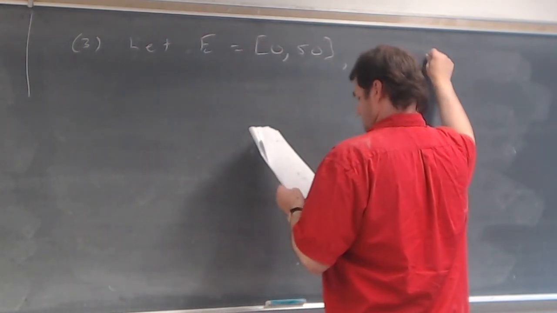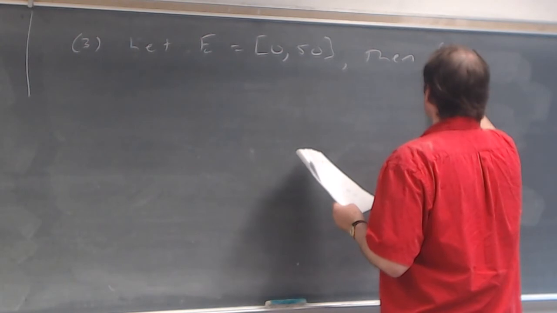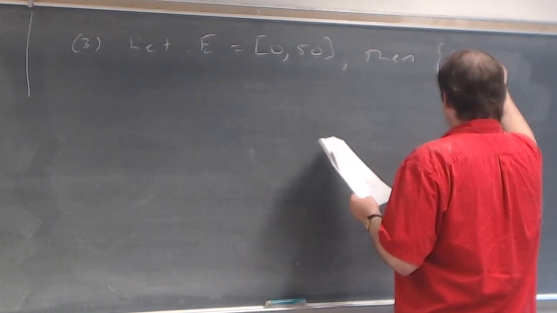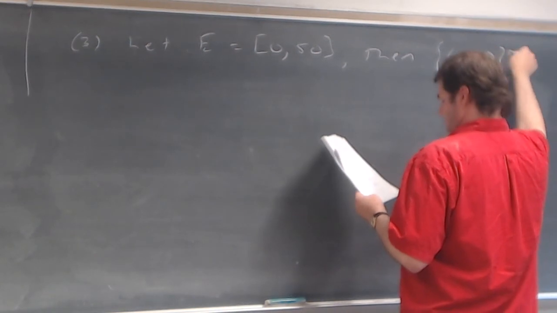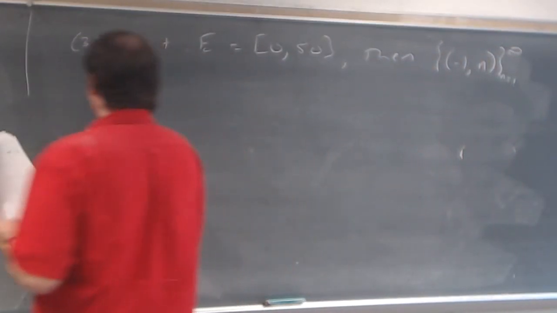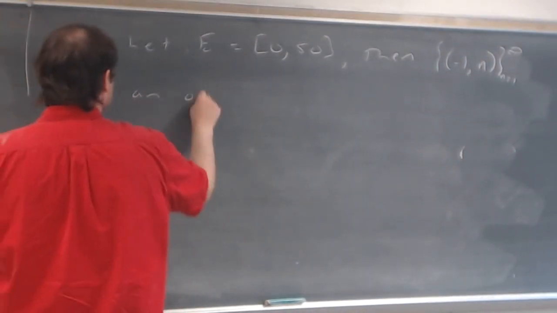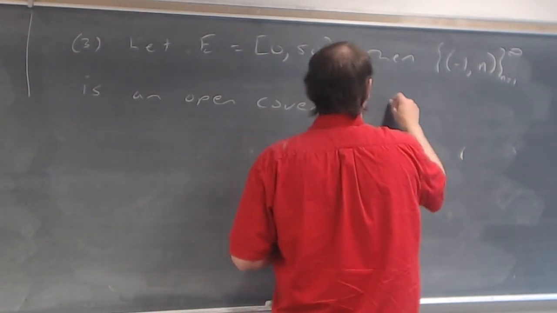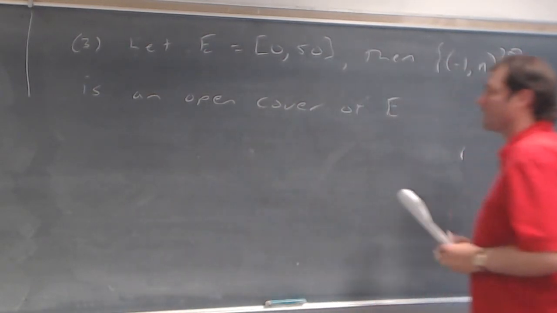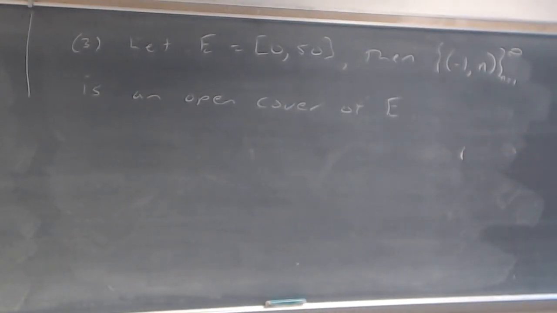Then the collection of -1 to n, as n runs from 1 to infinity, is an open cover of E. Okay, so that's some examples of open covering.